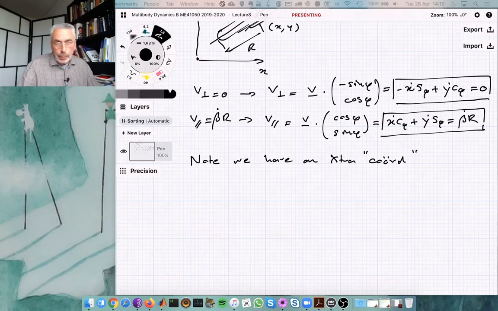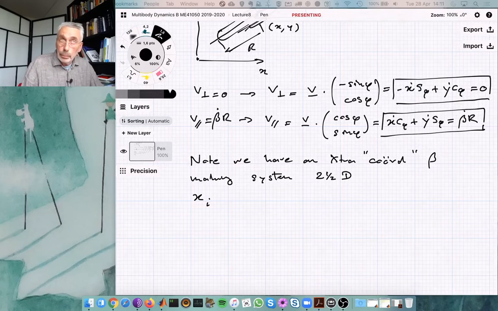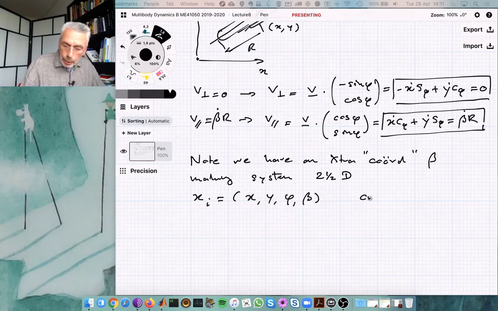I always say 2.5D, I don't know if the wording really exists. But in other words, our center of mass coordinate vector is now x, y, phi, and beta. So those are our CM coordinates of our rolling rigid body.